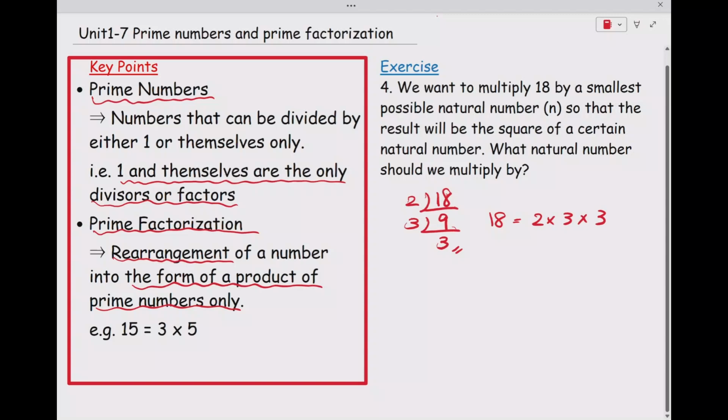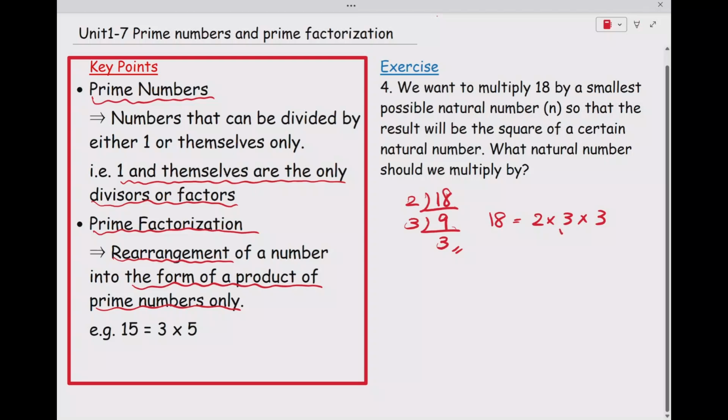And the question says we want to multiply this by the smallest natural number to get the square of some number. Here, the square means the same number times the same number. So if we can create a pair of same numbers, that would be the answer. Let's look at it.